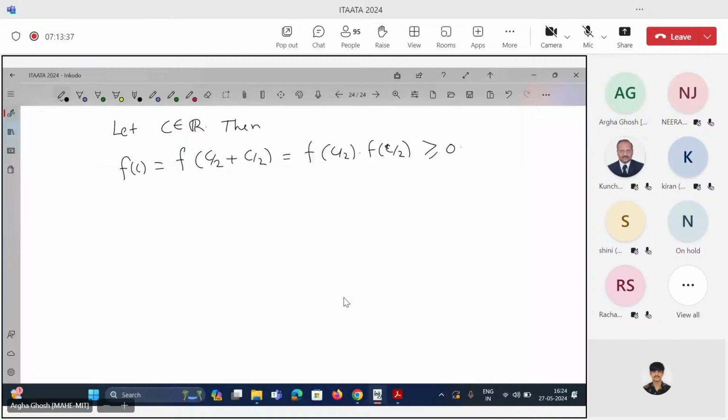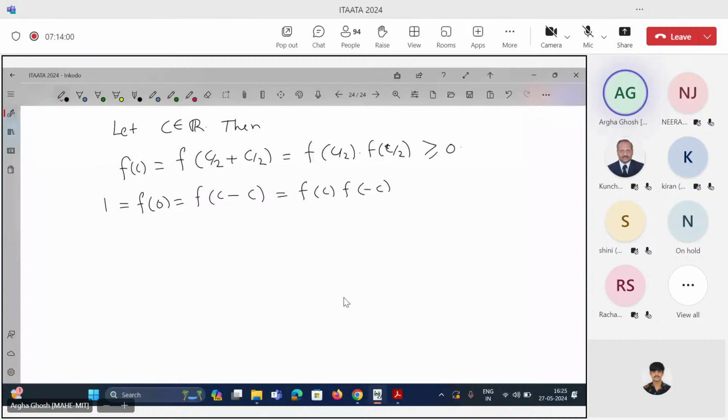Similarly, f of 0 is like f of c minus c, right? Which can be written as f of c into f of minus c. And f of 0, we know that this is 1.